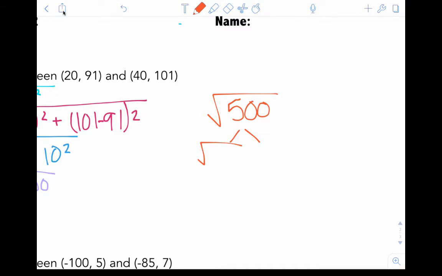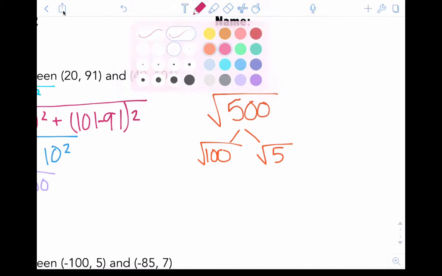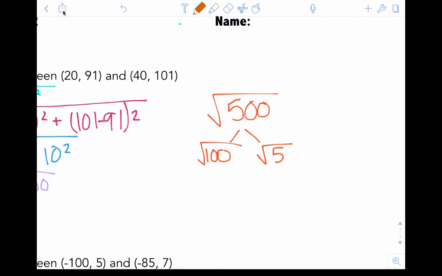Anytime that you have a number that ends with 2 zeros, that means 100 is always going to be a factor, so you can always use 100. 500 divided by 100 is 5. So my two factors are square root of 100 and square root of 5. And then as I simplify this, square root of 100 is 10 times the square root of 5.